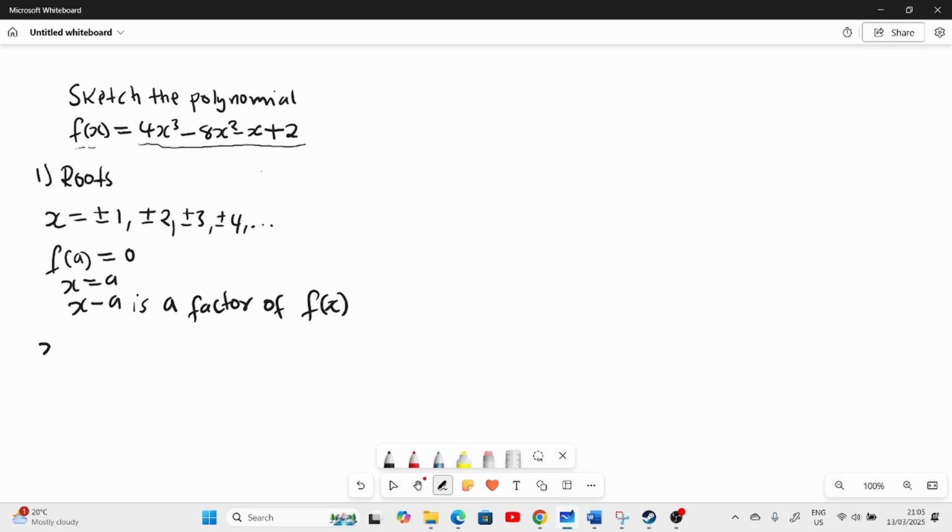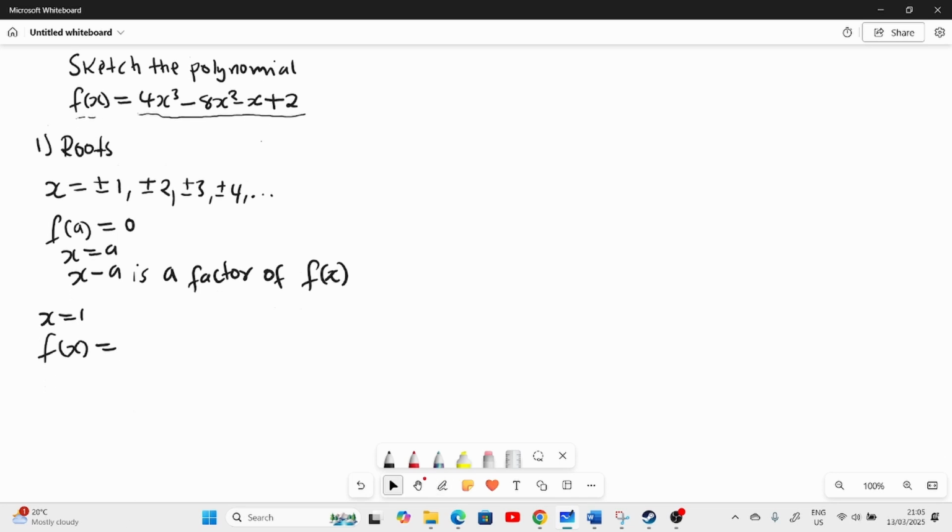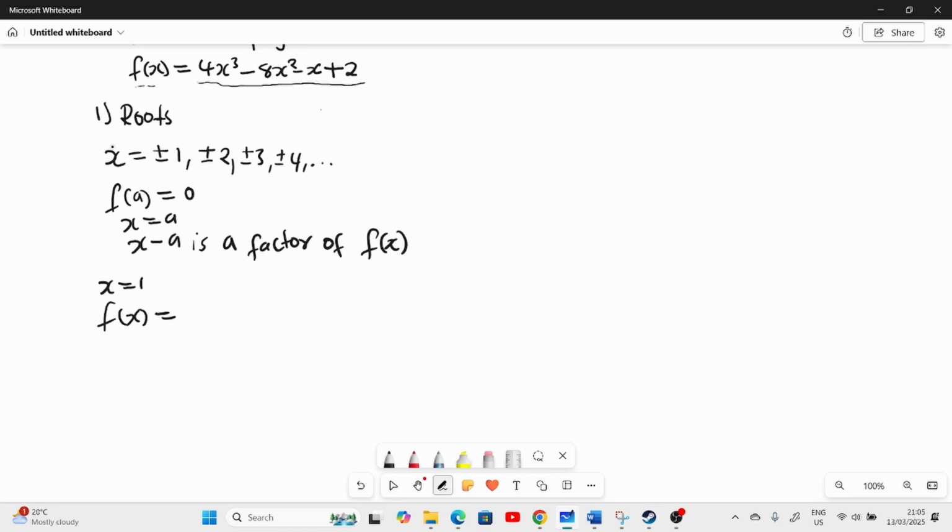So let's say, for example, if x is equal to 1, what is the value of f of x? Putting f of 1 here, we should have a 1 there. So we're going to have 4 times 1 cubed minus 8 times 1 squared minus 1 plus 2.